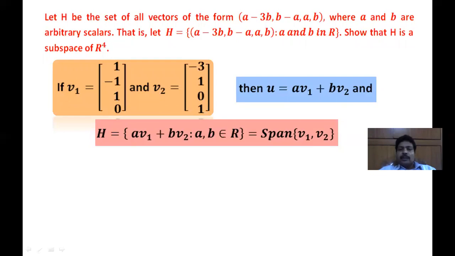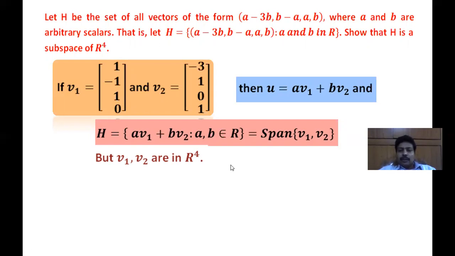So now each vector in H is a linear combination of these two vectors. But v1 and v2 are both in R4, since they have 4 elements.